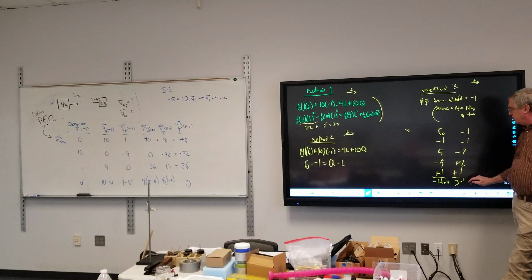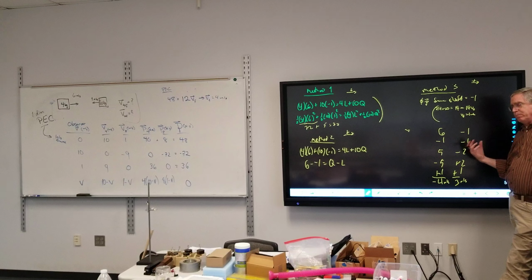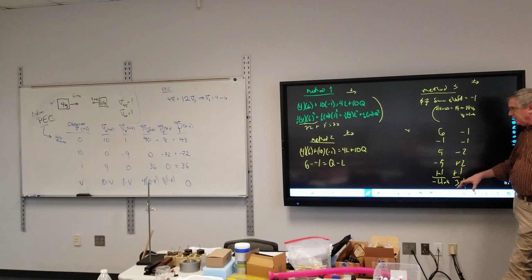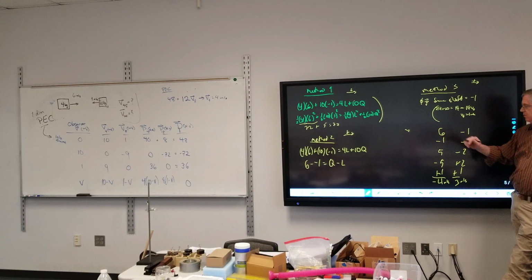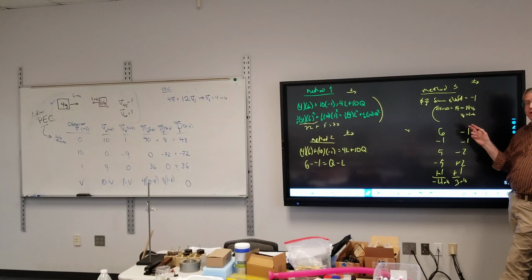And then don't forget units in the final answer. This is why I personally prefer the third method. It's just easier to write it down, but there are some leaps of faith here.